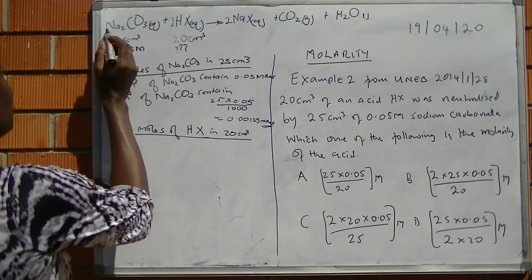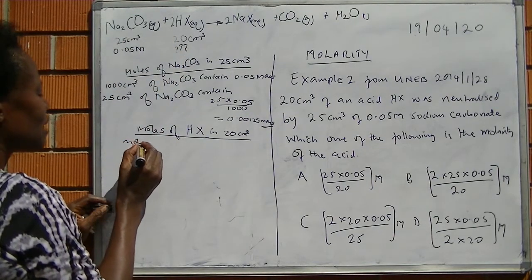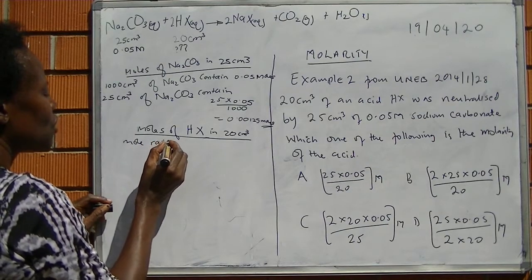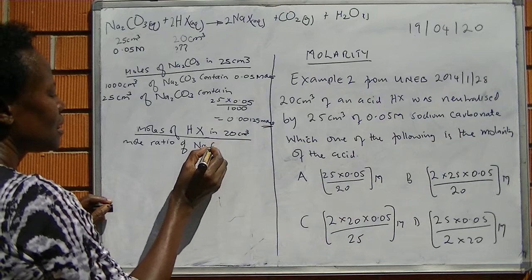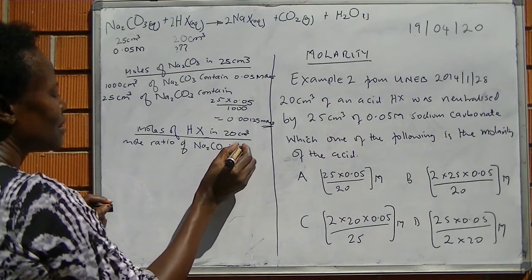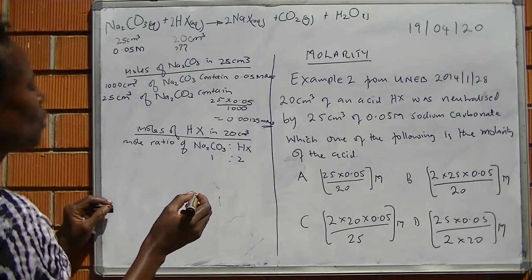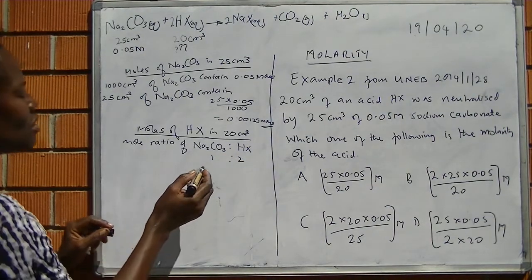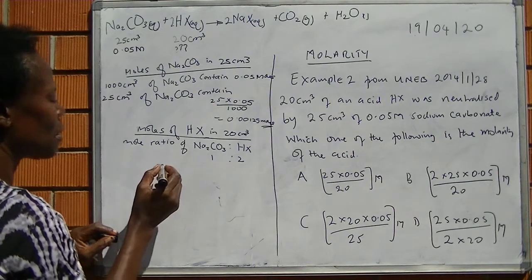This time we have the mole ratio of 1 to 2. Then tell the examiner that mole ratio of the carbonate to the acid is 1 to 2. What does this mean? We always begin with the side that we have already worked out. So we begin with sodium carbonate.